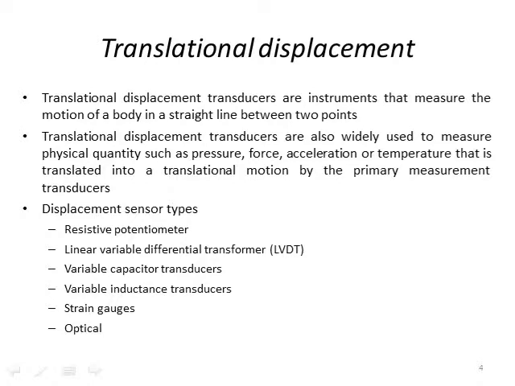So for translational displacement, we're going to discuss 6 different types: a resistive potentiometer, a linear variable differential transformer, LVDT, which you've also had some experience with in the practicum, a variable capacitor transducer, and you've had already 2 examples in the homework, so you are now experts in calculating the response of capacitive-based transducers.